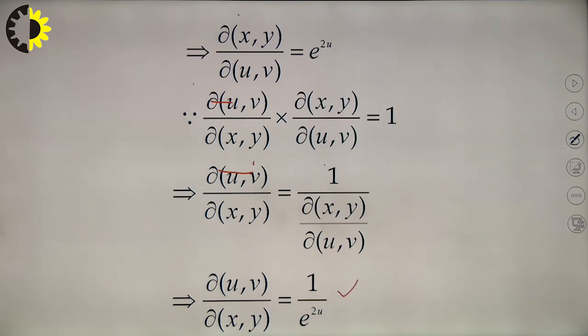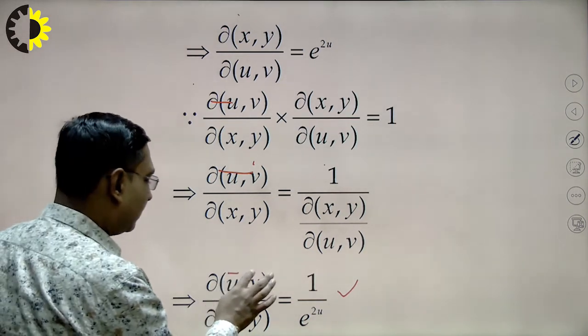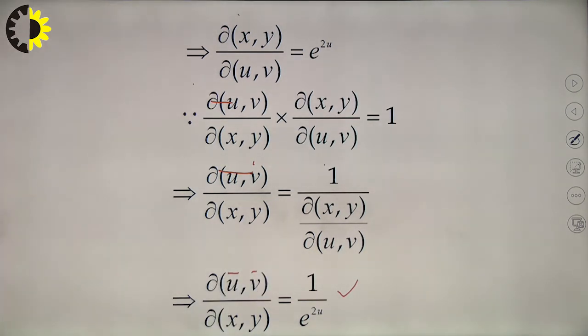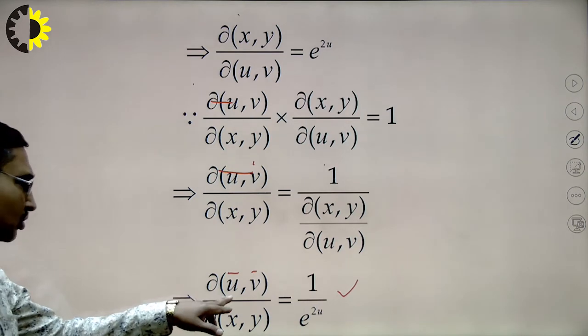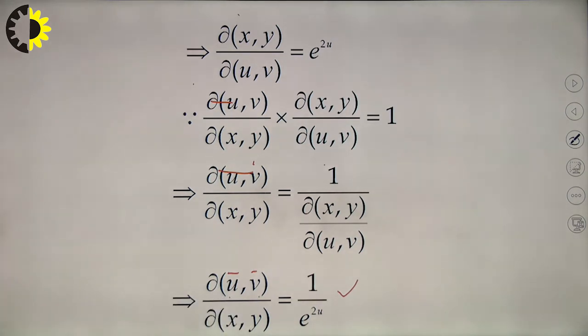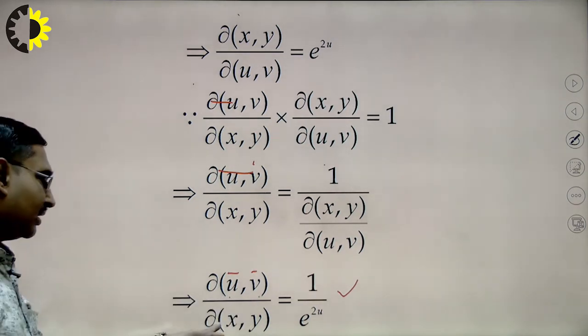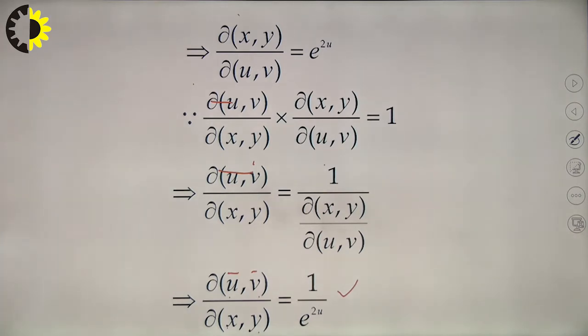Let me sum up once again. We were to find this Jacobian del u v over del x y. The values of u and v were not given explicitly in terms of x and y, so I could not apply the formula for this Jacobian directly.